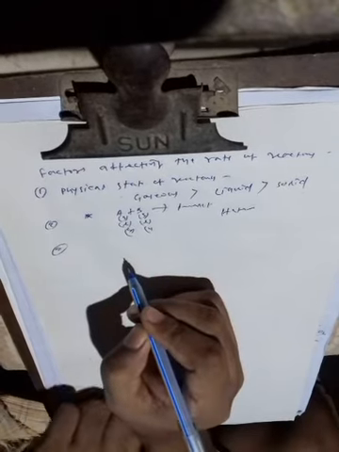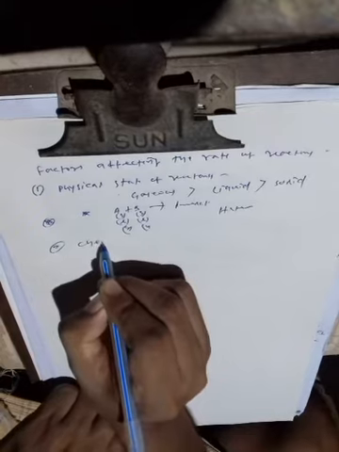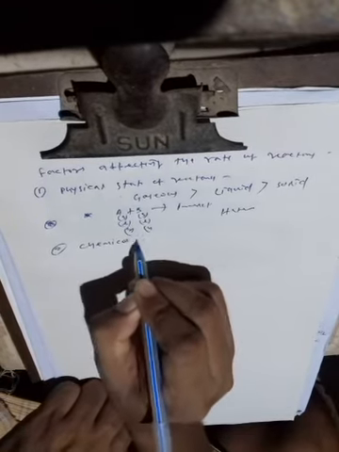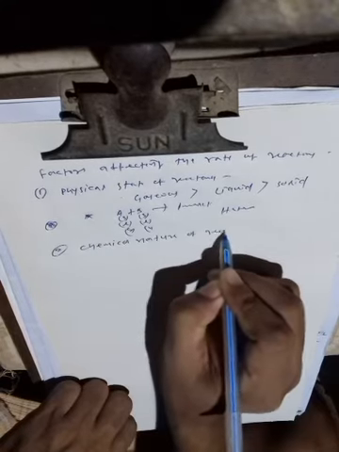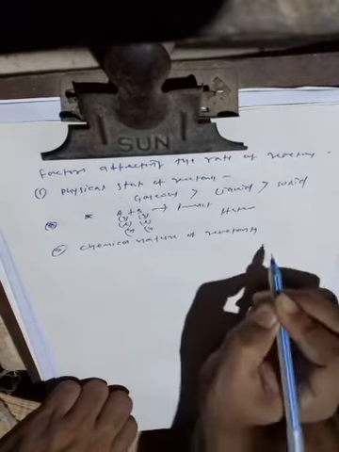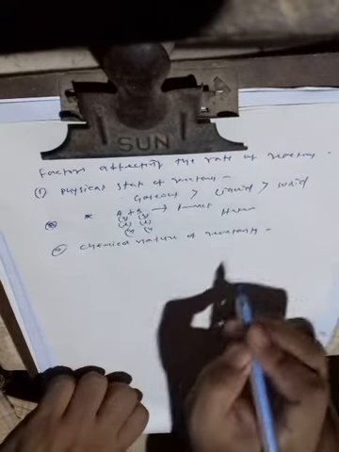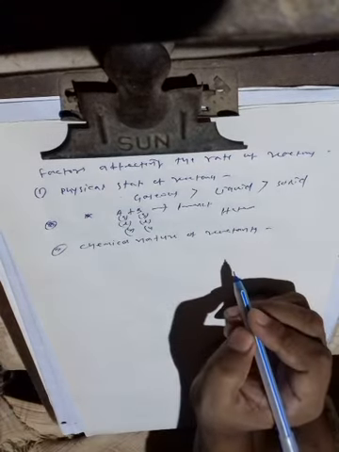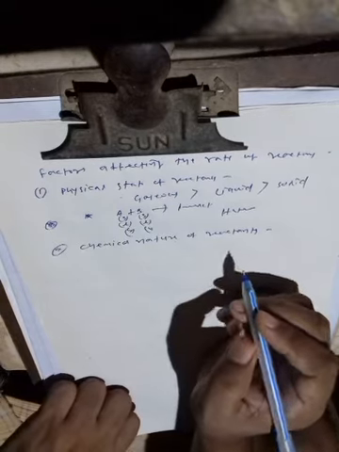So the second factor is the chemical nature of reactants. Different reactants have different chemical nature, or reactants are not the same. In order to explain this, I am taking two examples, two reactions actually.